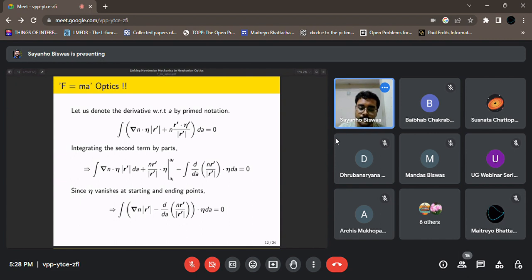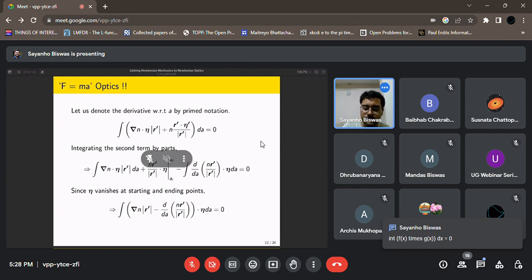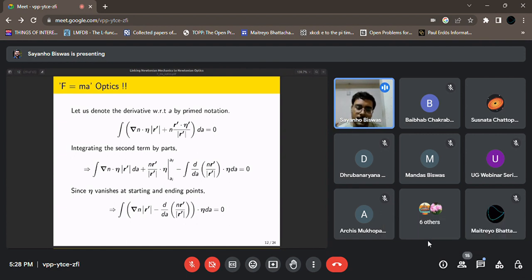Can we say that? Integral f of x times g of x dx is equal to 0, where g of x is arbitrary. Then can we say that f(x) must be 0 at all points in the domain over which we are integrating?